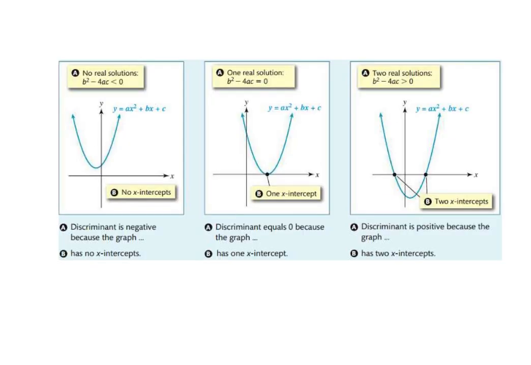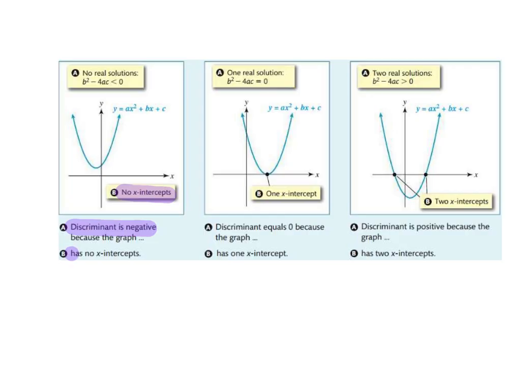Okay, so let's review what does this look like visually. So again, if the discriminant is negative, we have no x-intercepts, which means that when we look at our graph, it's either going to be opening up and above the x-axis. It can also be opening down and below the x-axis.